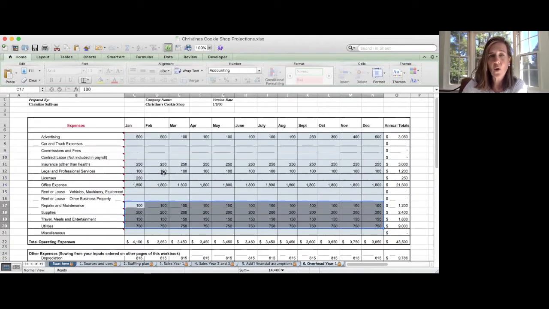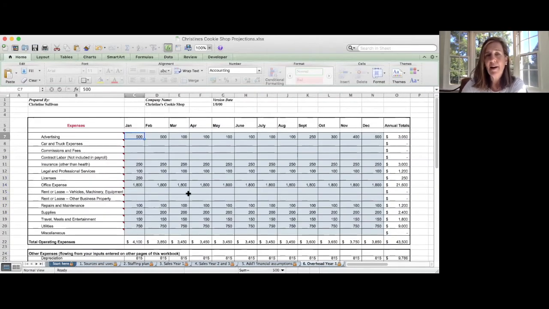When I look at my overhead, these are the categories that we spoke about yesterday. I'm going to assume some advertising to launch, $500 a month. And then I'll taper that down for the spring and summer, and then I'll ramp that up again at the end of the year. I'm going to assume some insurance expenses for my location, some legal, professional, some licenses.